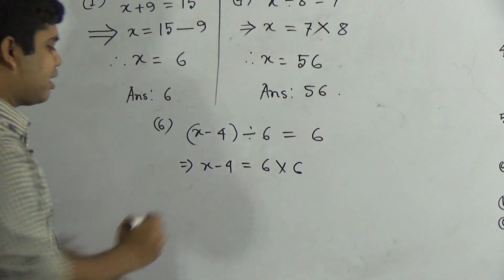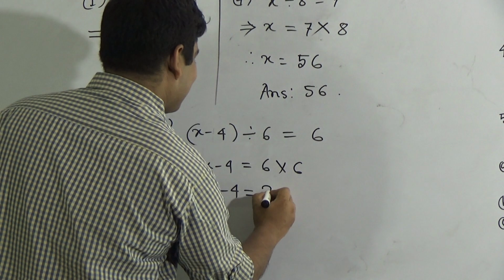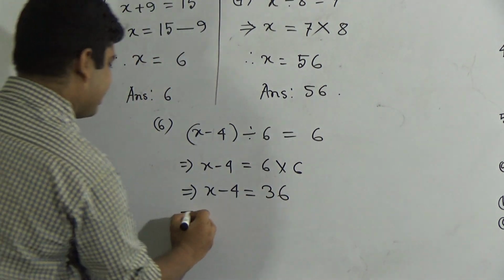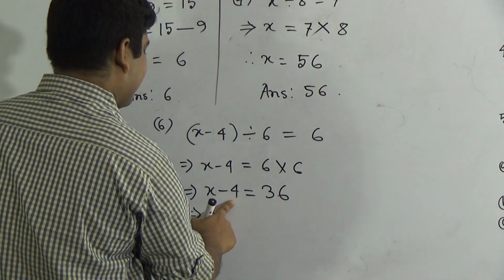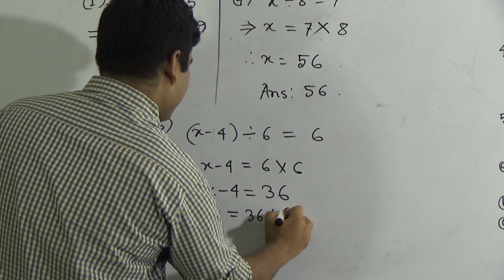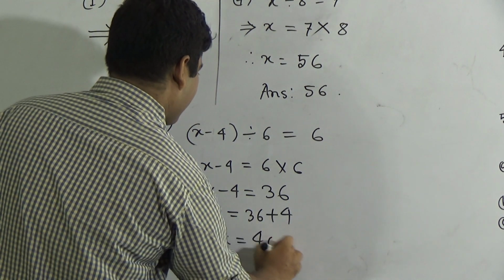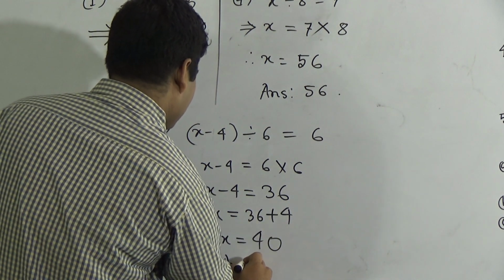Then x minus 4 equal to 6 sixes are 36. Now we need the value of x only. So minus 4 changes its position and it will be plus. Now x equal to 36 plus 4, it will be 40. So this is the answer.